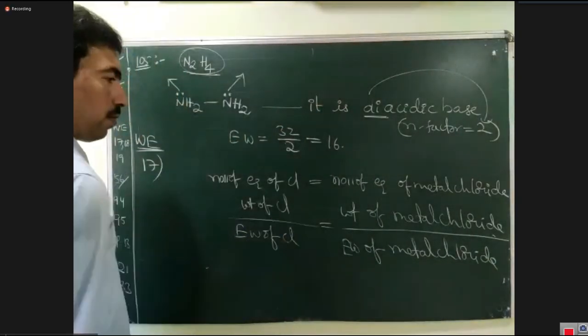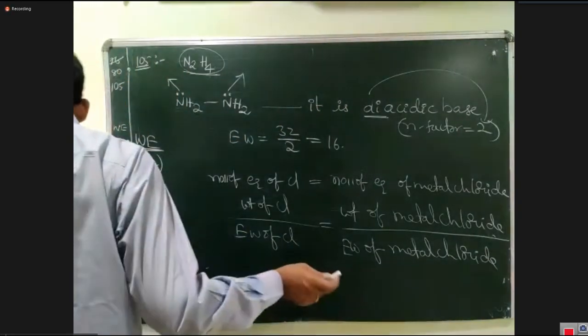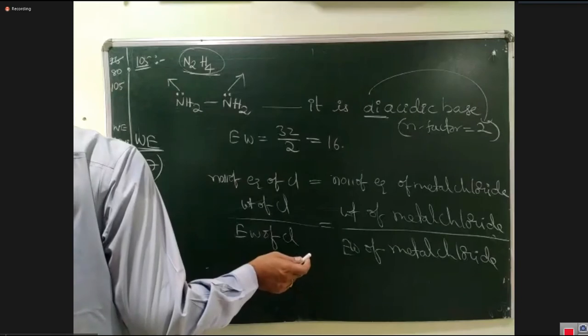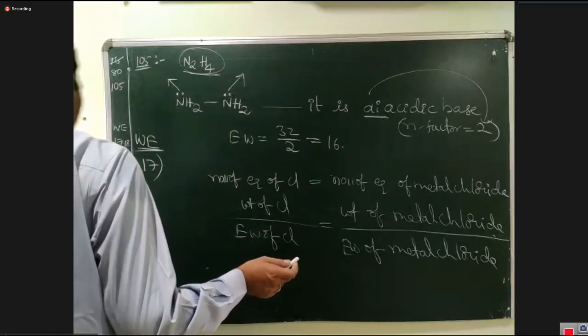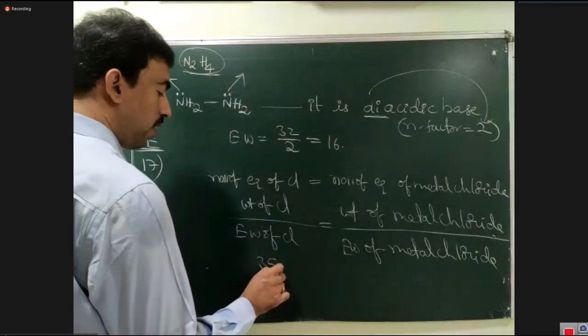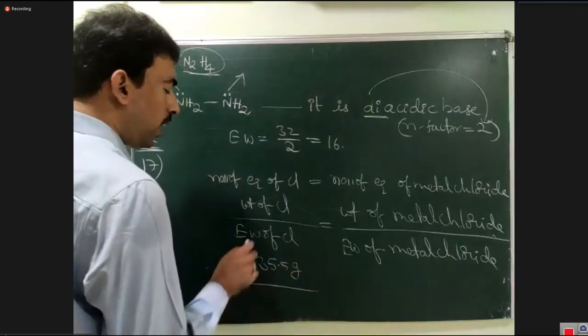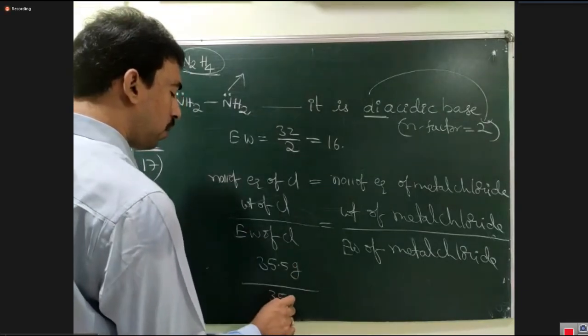Weight of chlorine. Okay, how much chlorine is there in that compound? 35.5 grams. Equivalent weight of chlorine is also 35.5.